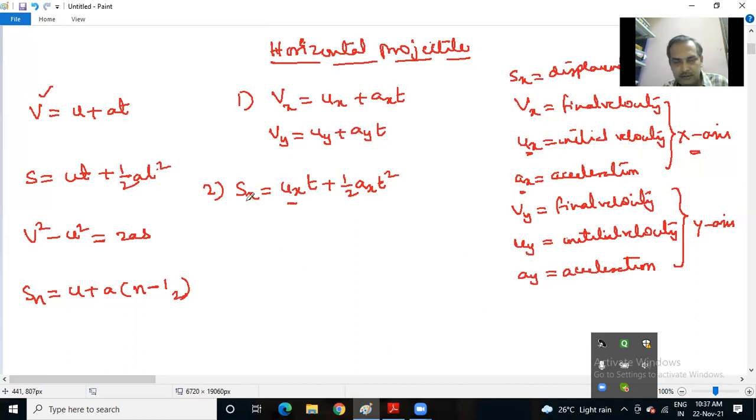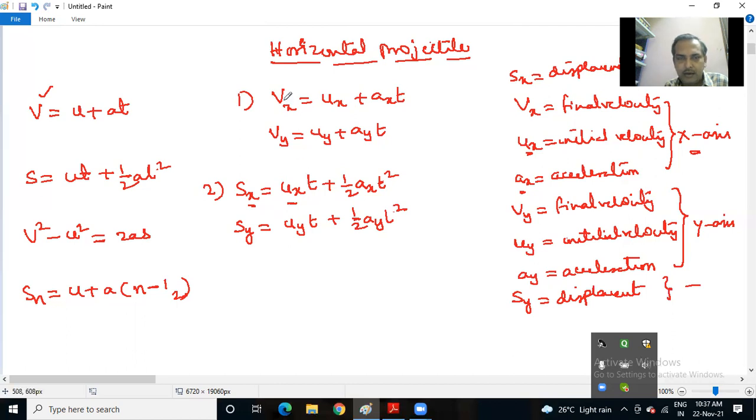The same equation in the y direction is Sy = Uy t + 1/2 Ay t², where the only quantity left is the displacement in the y direction. Since the body moves in a plane, it will have components: velocity, displacement, initial velocity and acceleration, each in the x direction and y direction.